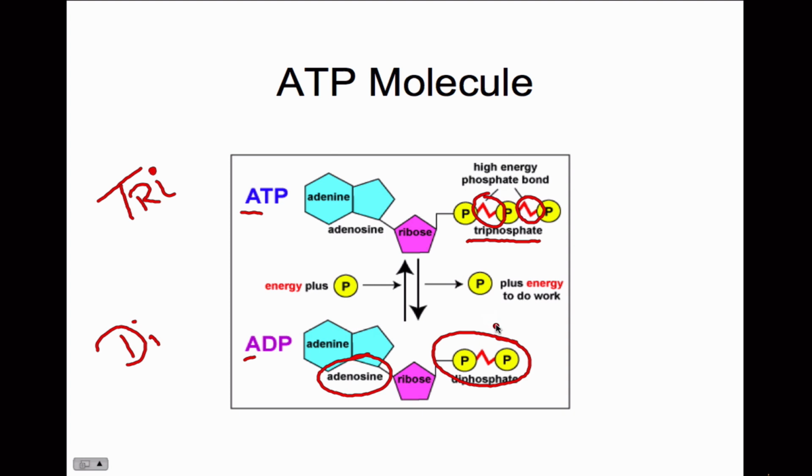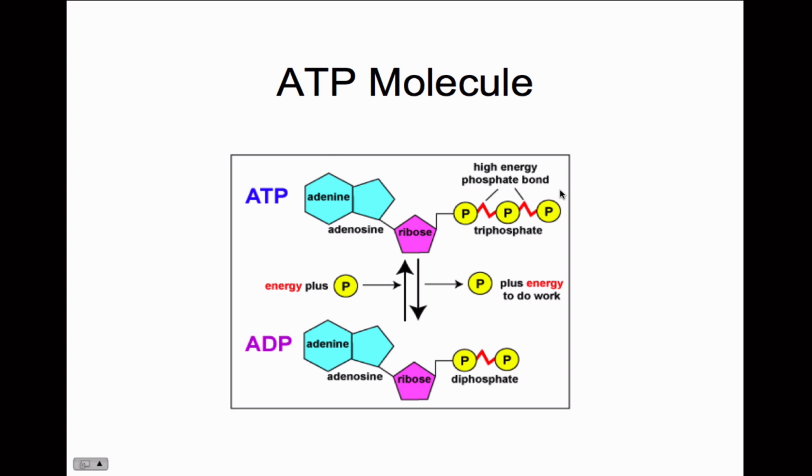When there's one that's added, it's ATP. Now, when there's energy needed by the cell, the third phosphate right here breaks off. That bond is broken, and when that bond is broken, then pow, the energy is released. And once that bond is broken and the energy is released, you have an ADP molecule again.